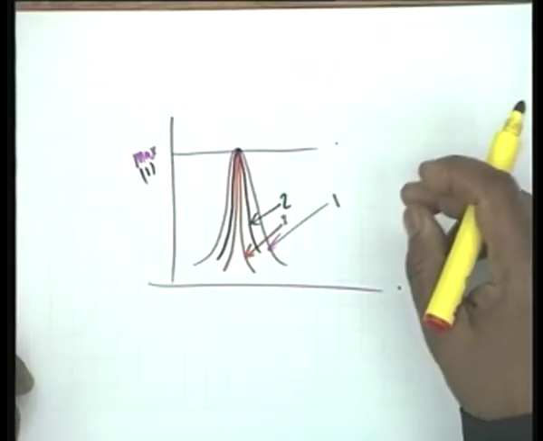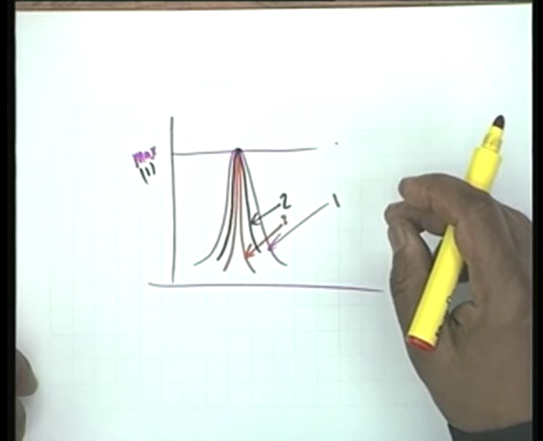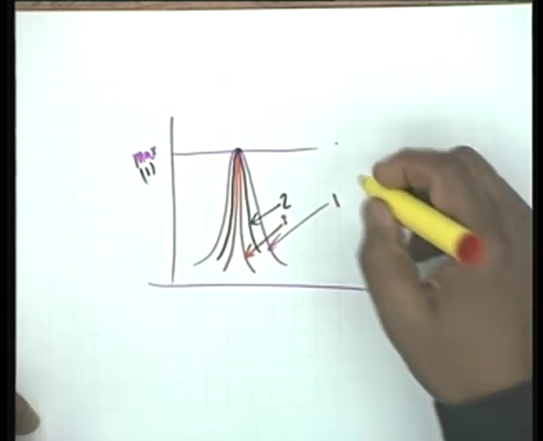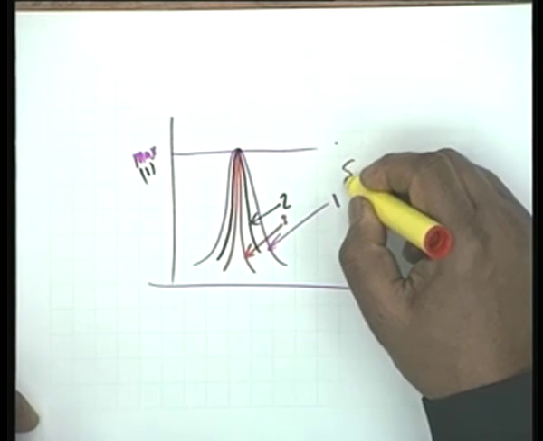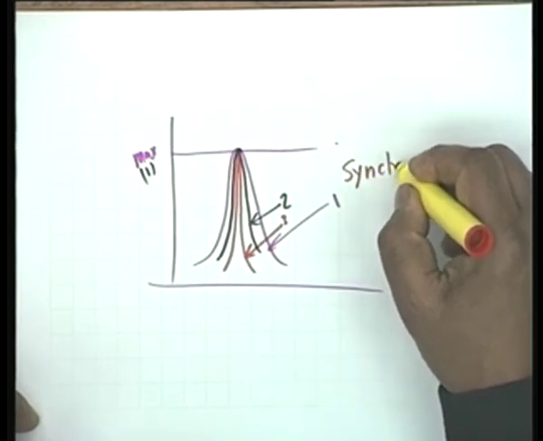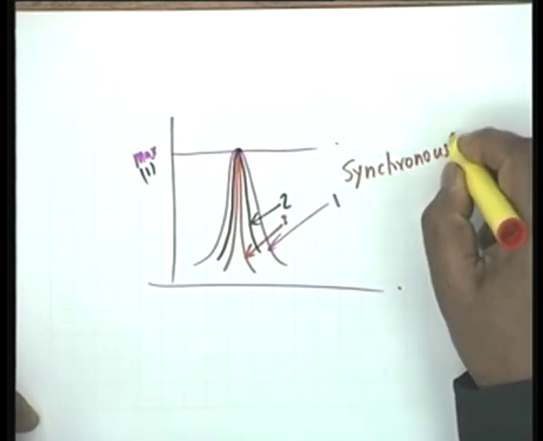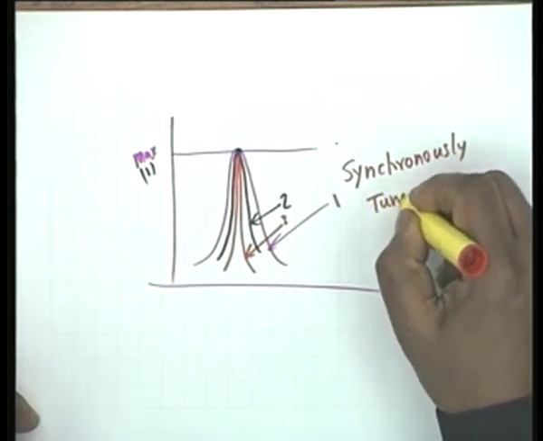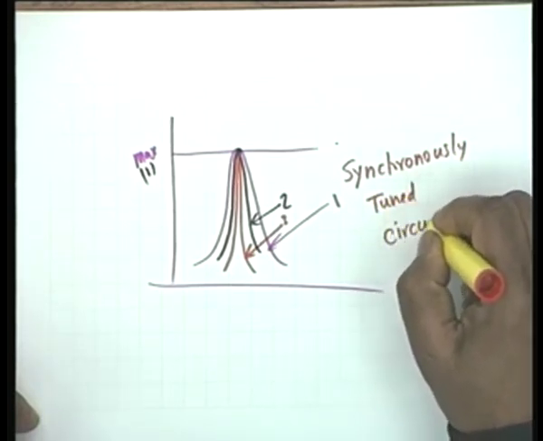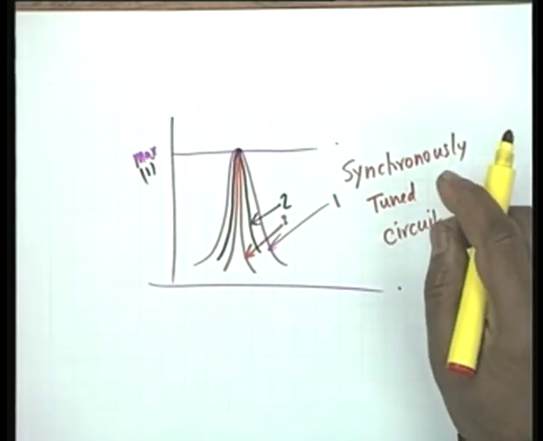Narrower bandwidth or sharper frequency responses, and such circuits are called synchronously tuned circuits. So, you know now the meanings of single tuned circuit, double tuned circuit, stagger tuned circuit, synchronously tuned circuit, resistively coupled circuit, inductively coupled circuit, capacitively coupled circuit, and so on.